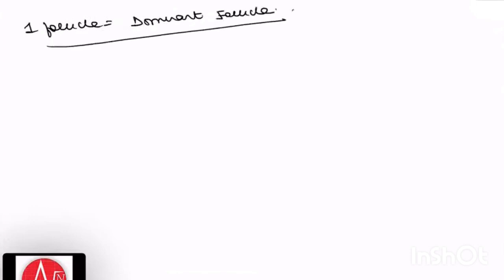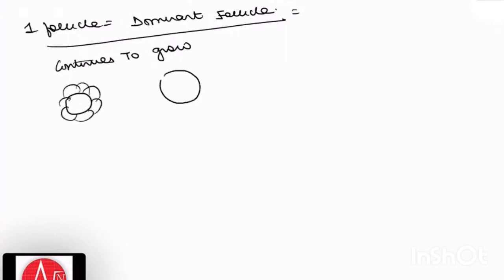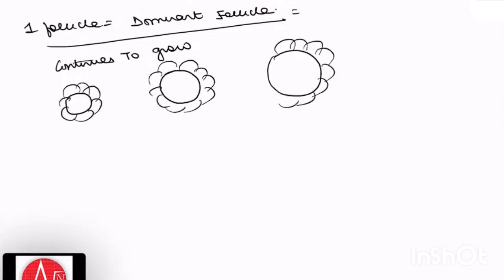One follicle, which is your dominant follicle, continues to grow. तो चलो अब हम ग्रो कराते हैं follicle को. So this dominant follicle is growing. ठीक?